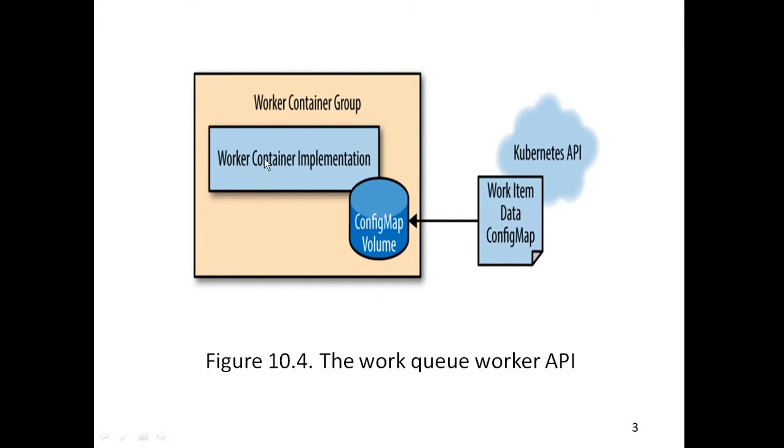And the implementation of the file-based API pattern is also easy for the container implementation. Most worker containers will be a specific-purpose container image designed for a specific work queue application.